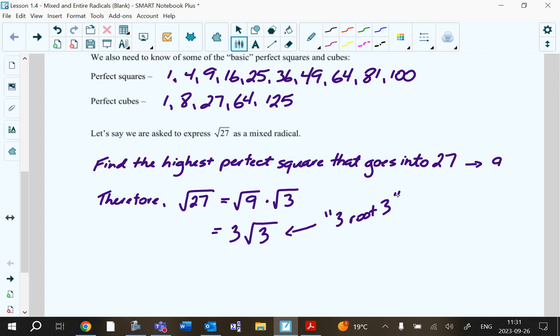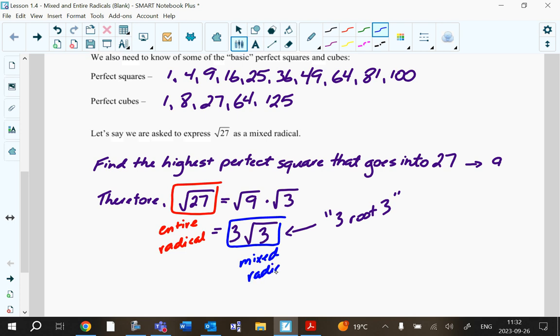Because it's an entire square root, we call the original an entire radical. We call the simplified form a mixed radical. Why mixed radical? Because it is a mixture of a non-radical and a radical.